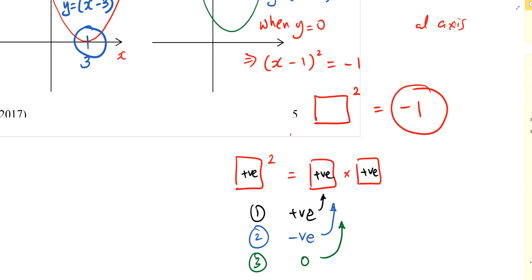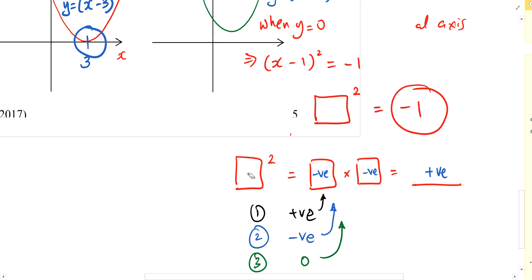When I multiply it out, when I square it, what is my answer? Positive, negative, or 0? Positive. This is option number 1. Option number 2, if I choose for it to be negative. So negative over here. When I square a negative number, what do I get as the answer? Still positive. So option number 1, option number 2, it must be positive.